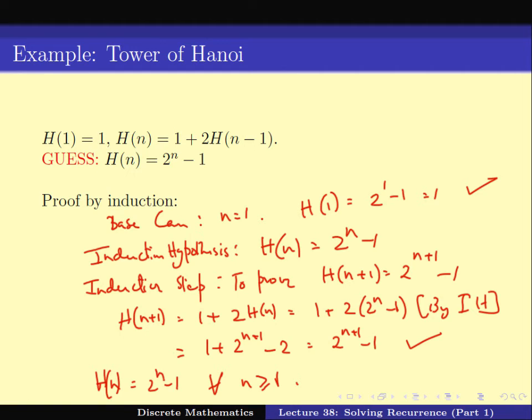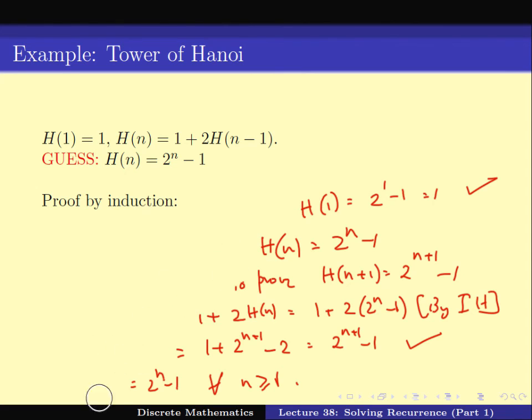So the Tower of Hanoi problem therefore requires 2 power n minus 1 moves, and we got it by first modeling it as a recurrence relation and then solving the recurrence relation. Now, how did we solve the recurrence relation? We first guessed the solution and then we proved that the guess is right.